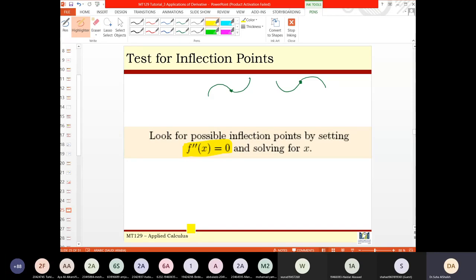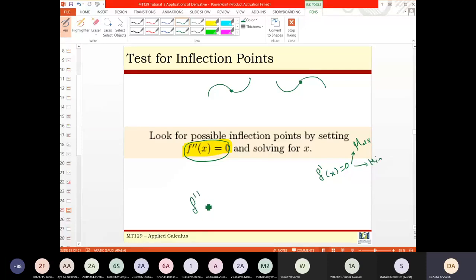The inflection point is the point where the function changes from being concave up to concave down, or from being concave down to being concave up. It has to do with the concavity. We find the inflection point by letting f double dash equal to 0. Be careful. When I let f dash of x equal to 0, I will get a maximum or minimum point.